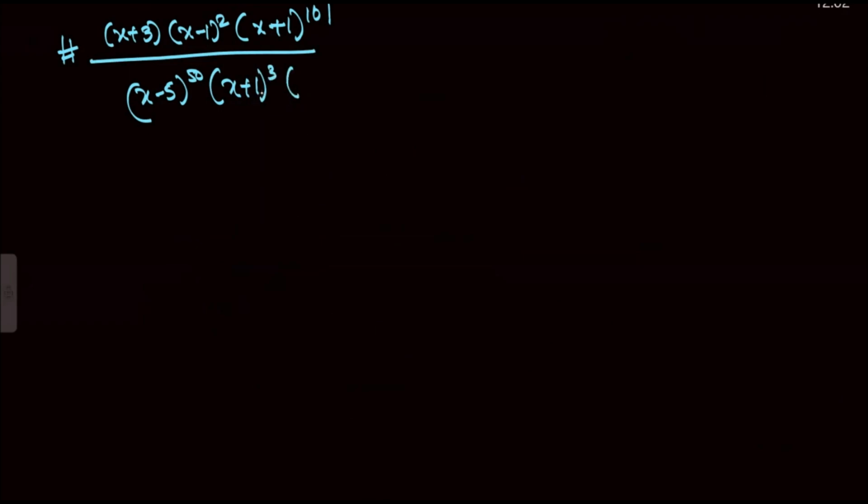Sorry, it shouldn't be x plus 1 whole cube, it must be x plus 5 whole cube. Now, how can you do that? Just remember the fact that I'm making these problems myself. Therefore, don't blame me if they're illogical.